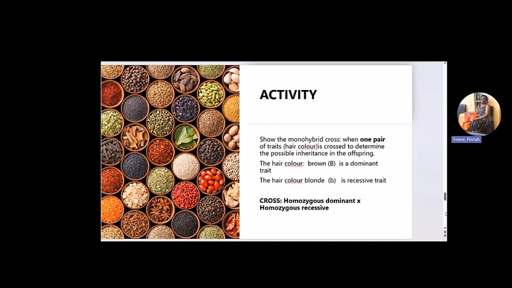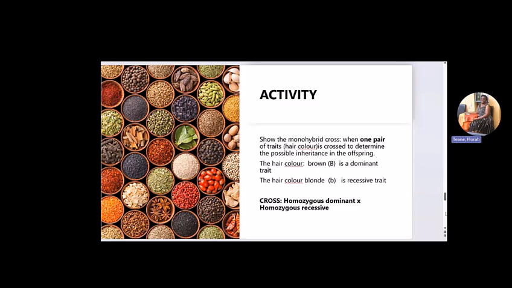I want us to do a little exercise, because our next topic will be about a dihybrid cross. I just want to be sure that you have mastered the monohybrid cross. Fine. What do I want you to do? I want you to make a cross between two individuals.